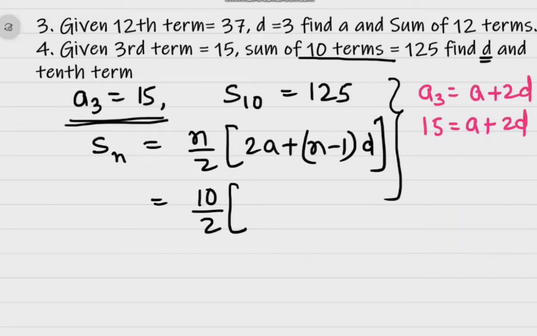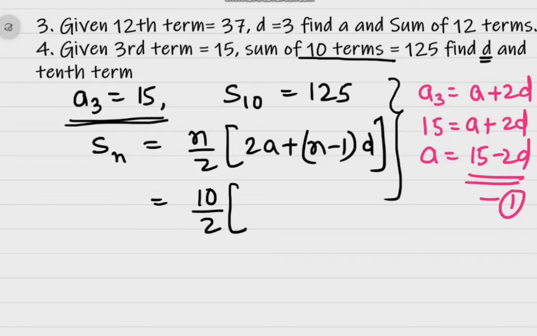So you can say that a plus 2d is equal to 15. From here you can say that a is equal to 15 minus 2d. We shall keep this as 1.